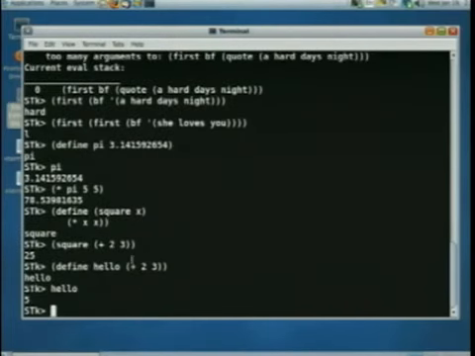It's not plus 2, 3. This got evaluated. If this were inside parentheses, then we'd be defining a function, and then nothing would be evaluated until we call the function. OK? Great.